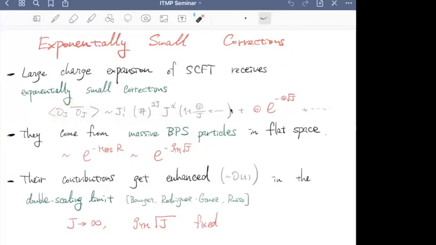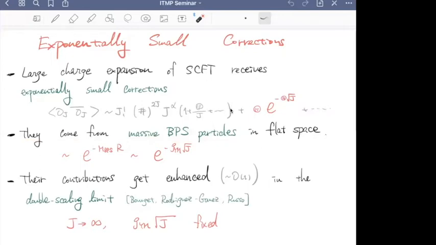If you do so, you start seeing some exponential corrections on top of the 1 over J expansion corrections. The physical explanation of these exponential corrections is that they come from massive BPS particles in flat space, which are not necessarily included in the Coulomb branch low energy effective action, because the Coulomb branch low energy effective field theory only describes the dynamics of massless particles.